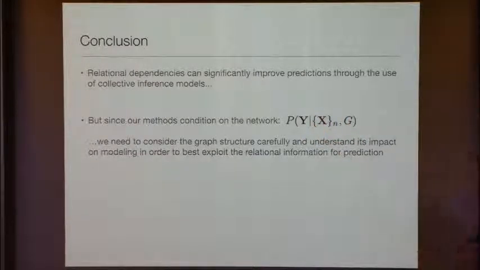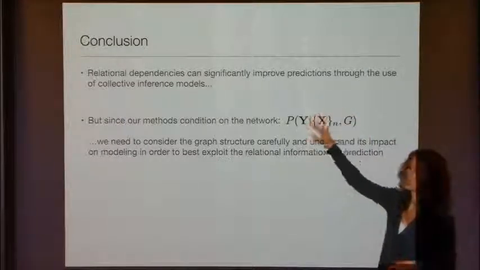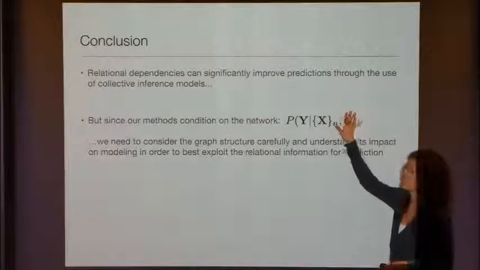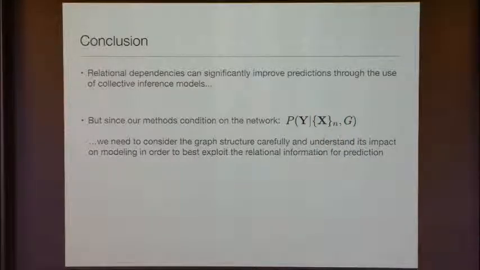And so even though we're doing fairly well empirically, my feeling is that if we had a better understanding, analytically or theoretically, of how this graph structure impacts the performance of these models, we'd really be able to push our methods to exploit that information even more than what we're doing right now.